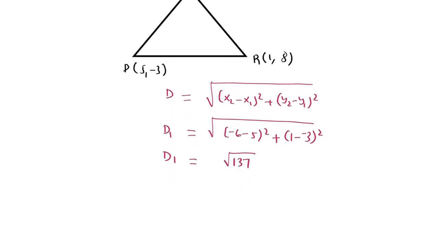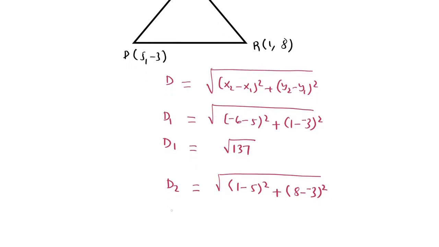Okay, so next we are going to take point P as our first point and point R as our second point, and then we are going to call this distance 2. Then finding the distance 2, we are going to have under root in brackets 1 minus 5 squared plus in brackets 8 minus 3 squared, of which, solving this, we are going to have distance 2 equals under root 137.